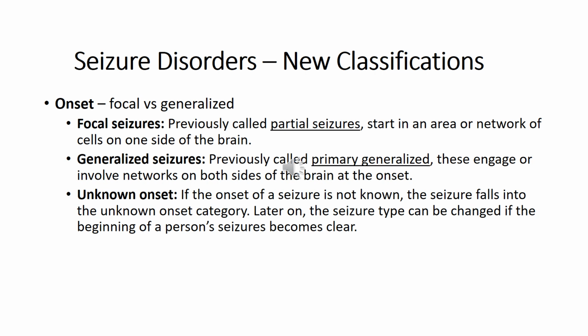A generalized seizure, previously called primary generalized, engages or involves networks on both sides of the brain at the onset. And then there's the unknown onset. If the onset of a seizure is not known, the seizure falls into this category. Later on, the seizure type can be changed if the beginning of a person's seizures becomes clear.